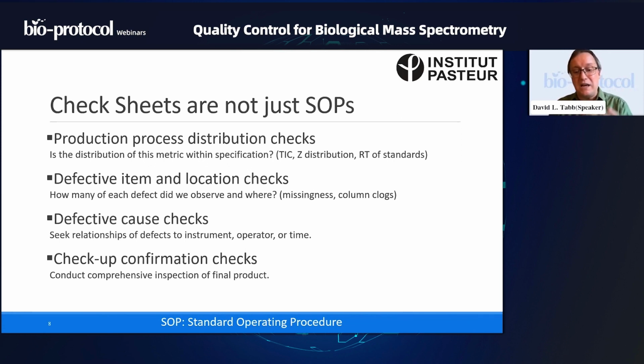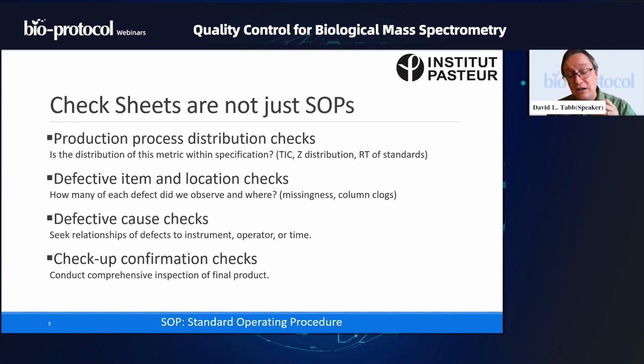Because if you wanted to make a comparison to say that this protein differs from samples A to B to C, and they'd used a completely different protocol to analyze the 3rd set of experiments, you would no longer be able to make that comparison because they introduced this new factor, a new protocol. So yes, standard operating procedures are essential to producing good core laboratory science, but check sheets are not just that. They cover a lot more.